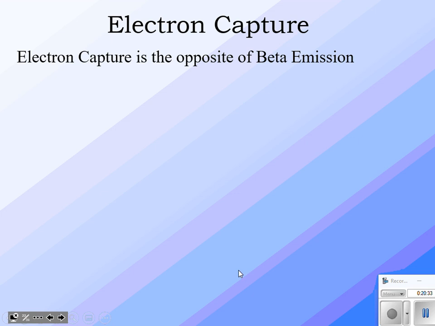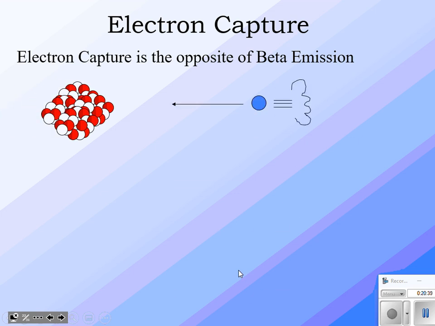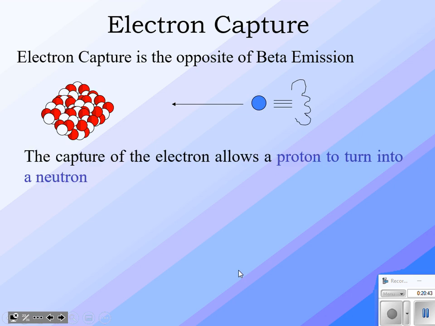What do you think about electron capture? What's going to happen? The electron is going to be captured by the unstable nucleus. So when the electron is captured, the proton turns into a neutron.